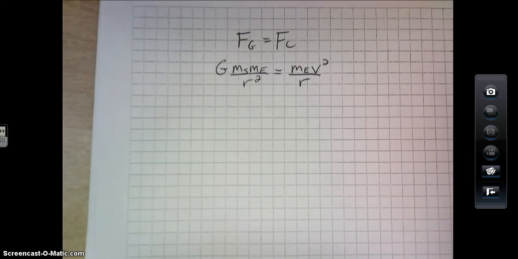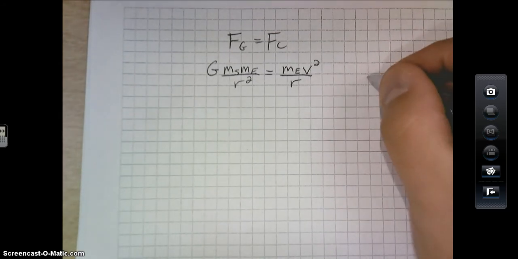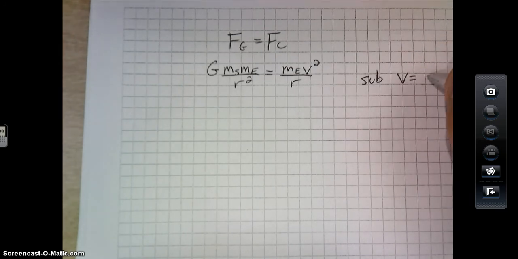Now, in earlier classes I've talked about the velocity of an object in circular motion being 2 pi r over the period.